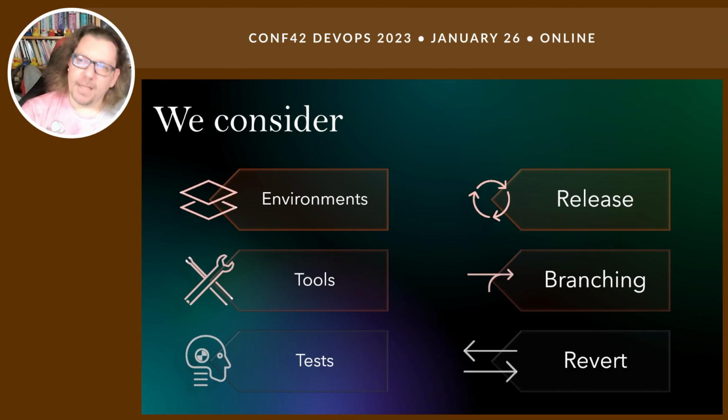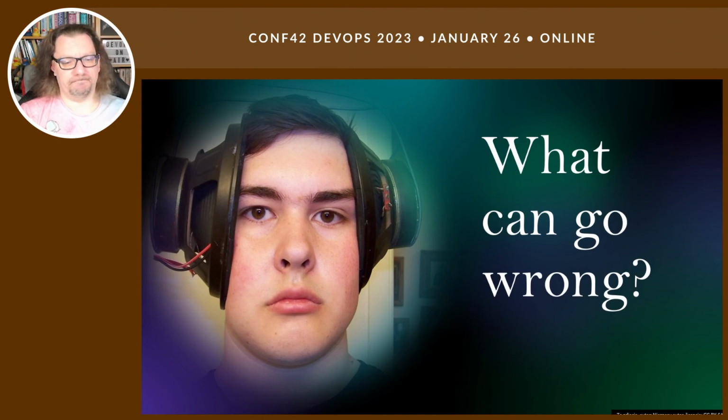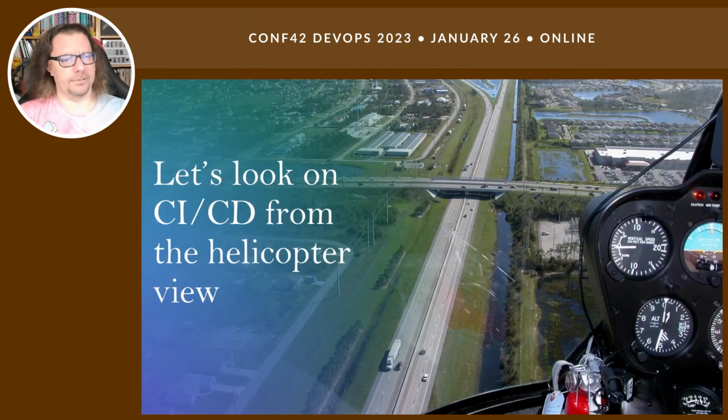All right, so let's think about this from a different perspective, because what can go wrong with this specific way of doing things? Is there anything that should be done a little bit differently? Today we will look at CI/CD from a different perspective, from the helicopter view.